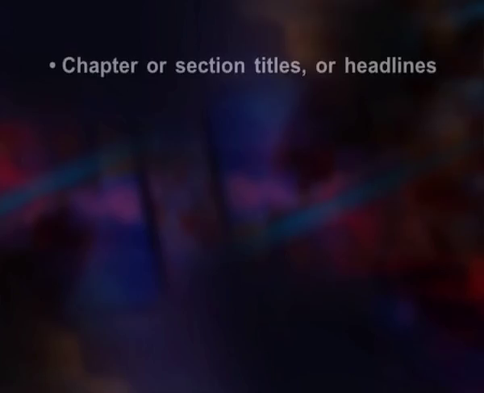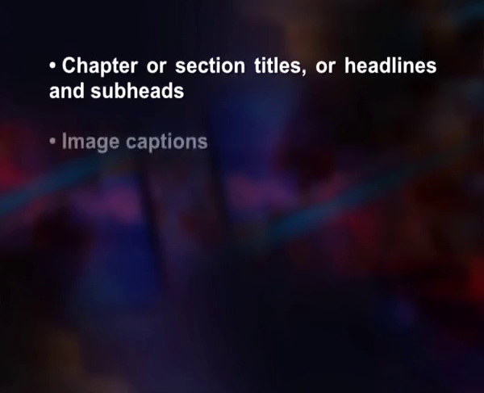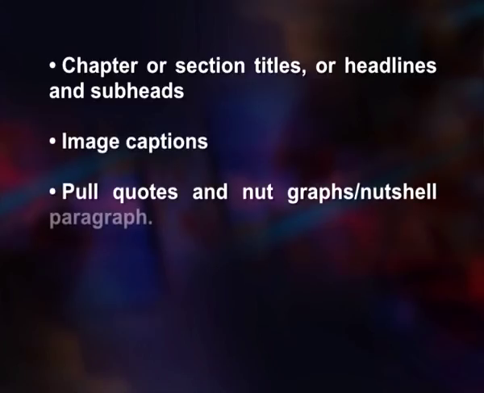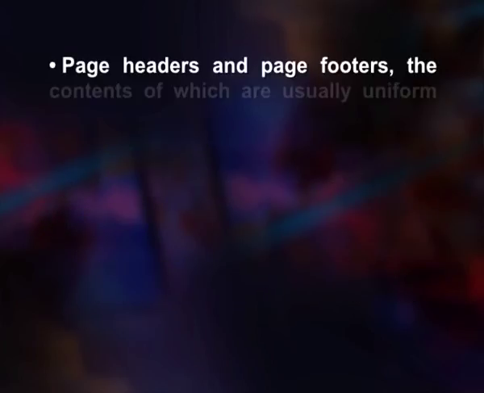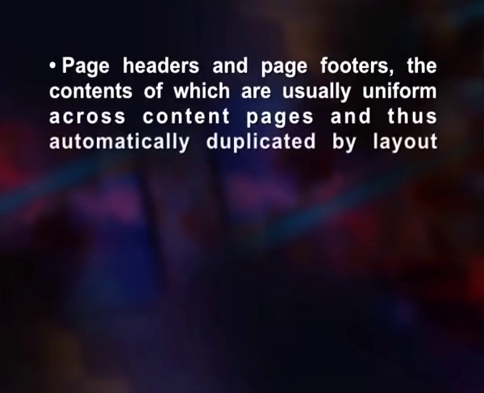Specific elements to be laid out might include chapter or section titles, or headlines and subheads, image captions, pull quotes and nut graphs or nutshell paragraphs, box outs and sidebars, which present information as asides from the main text flow, page headers and page footers, the contents of which are usually uniform across content pages and thus automatically duplicated by the layout software.